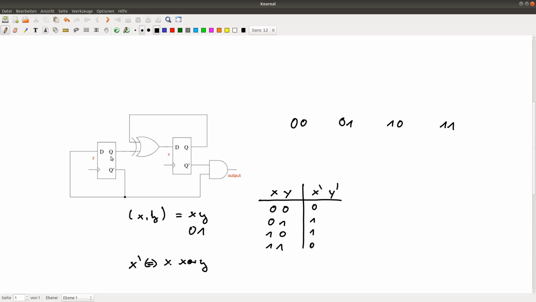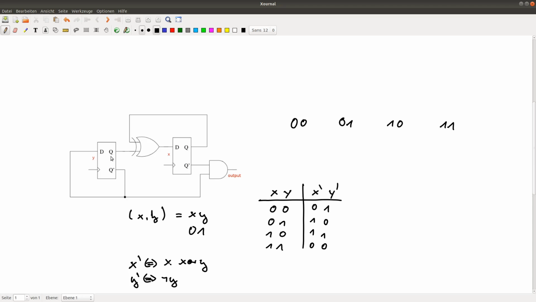We do the same for the y prime. For y prime, we have to look here, and y prime is simply the negation of y, so this is not y. And for the y prime, we therefore simply flip the values of y, and we have 1, 0, 1, 0.